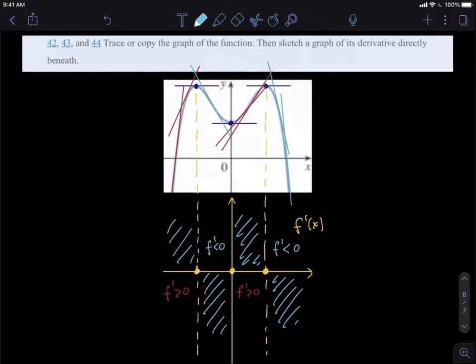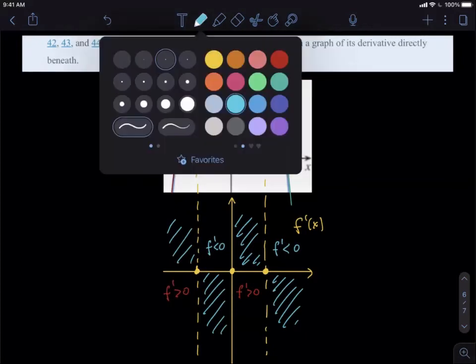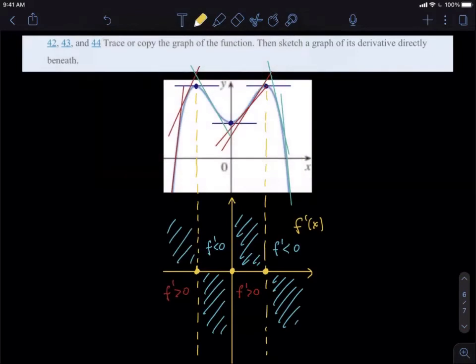All right. So with this information, we are pretty much done. So we have a positive function on the left, so it will be something like this. Then we have a negative function on the right. It will be something like this. And then somehow it needs to cross.